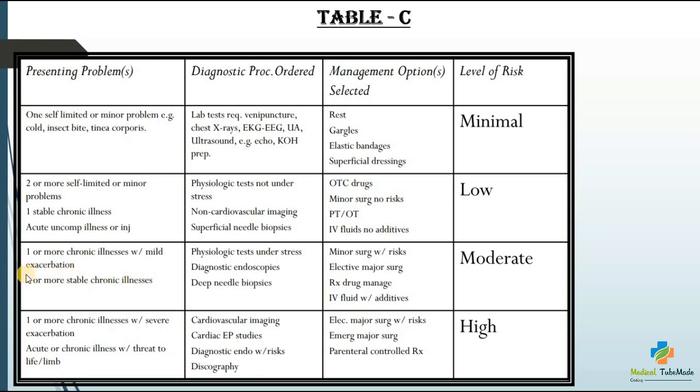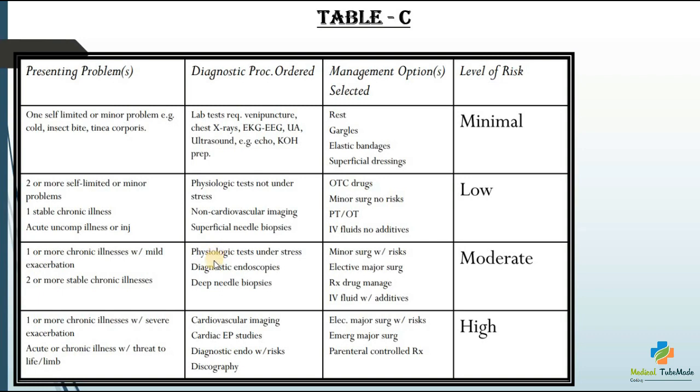If in your report there are 2 chronic illnesses and both are stable, we can consider moderate. If suppose 1 stable chronic illness, you should not consider moderate, then it goes to low. So like that, guys, here 1 or more chronic illness with mild exacerbation for moderate, and 2 or more stable chronic illnesses should be there.